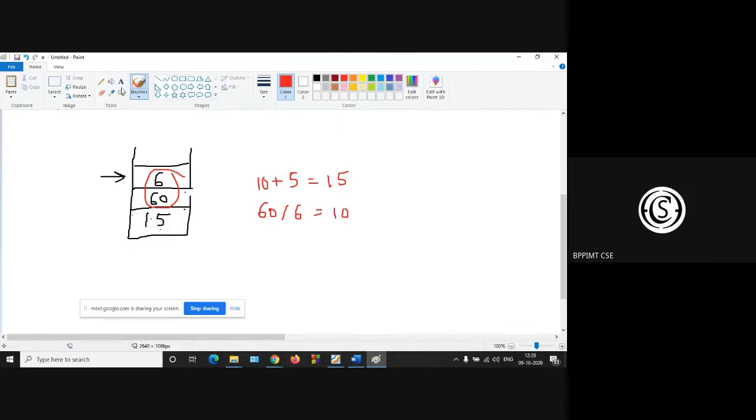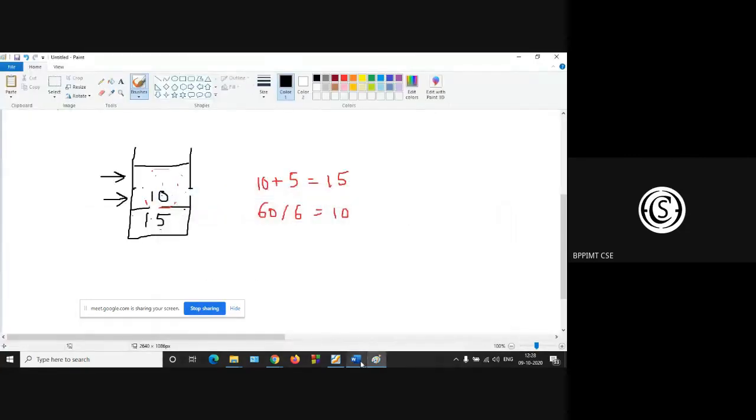Put this 10 here. You have to remove these two operands. So this is 10, and now your stack top is at this position.